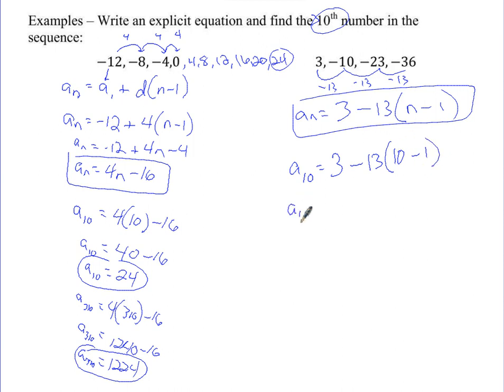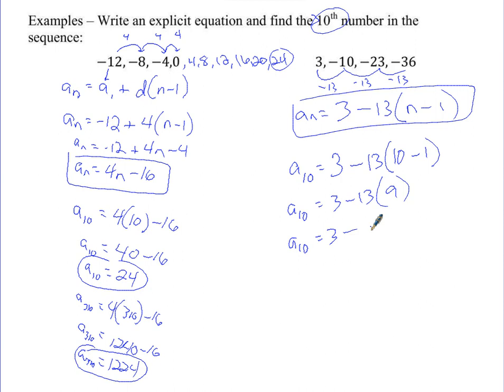So we have a sub 10 equals 3 minus 13 times 9. 10 times 9 is 90. 11 times 9 is 99. 12 times 9 is 108.